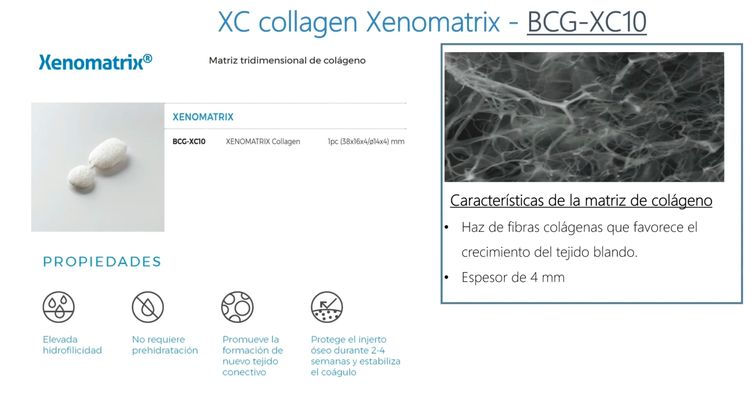It has the same properties: high hydrophilicity, it doesn't require prehydration, it promotes the formation of new connective tissue, and in this case it also protects the bone graft for the first 2-4 weeks and stabilizes the clot.